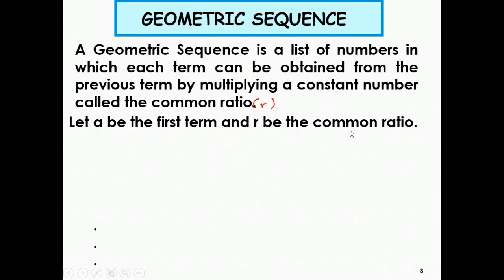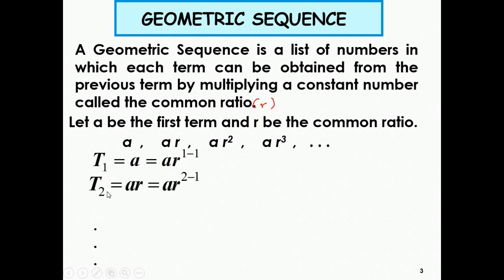Now we are going to derive the Tn formula for a geometric sequence. First term is A, second term is AR, third term is AR squared, and fourth term AR cubed, and so on. So T1 is AR to the power of 1 minus 1.